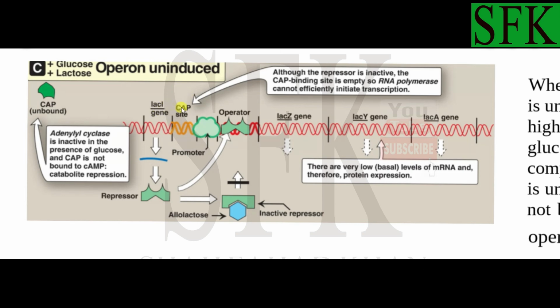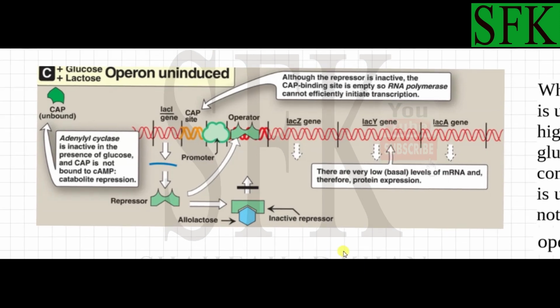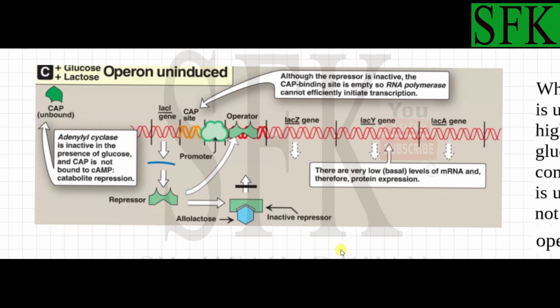And if the CRP complex is not able to bind to the cap site, then this RNA polymerase will not be able to bind to the promoter and will not be able to efficiently initiate the transcription process, will not be able to efficiently transcribe the polycistronic mRNA. Okay, so this is what happens in presence of both glucose and lactose.